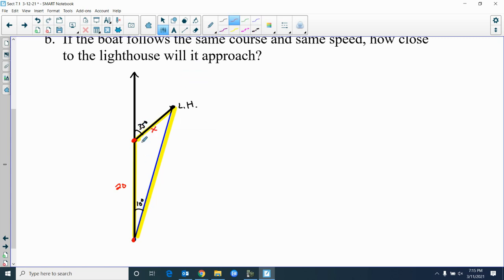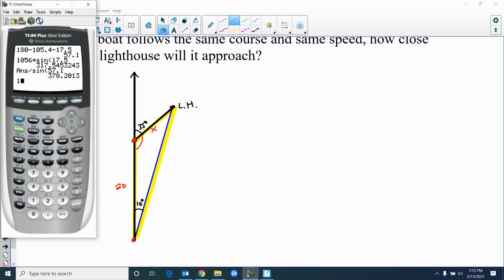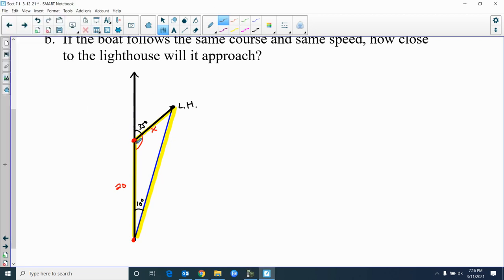Well, this 35 I need to use, but it doesn't help me directly. I need to figure out that angle there. This is a straight line, so we take 180 minus 35, and that gives me 145. That's going to be this inside angle. Since that's 10 and that's 145, I can figure out this angle here, and that's going to be 25 degrees.